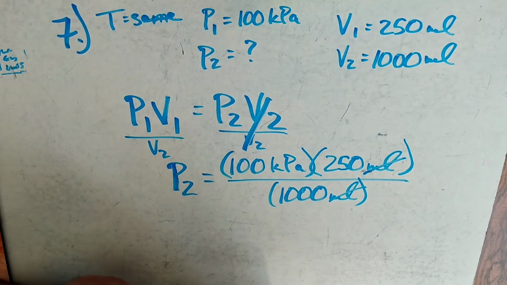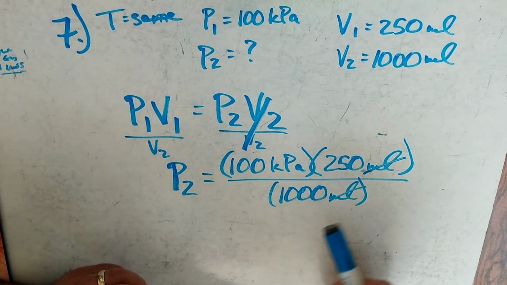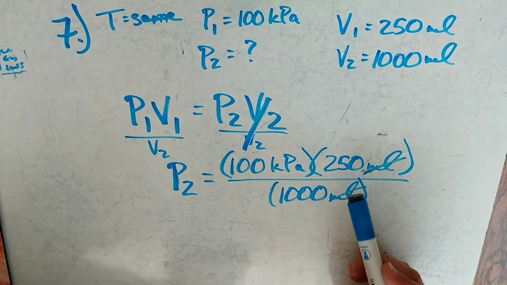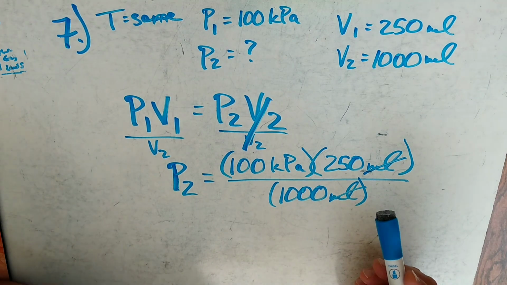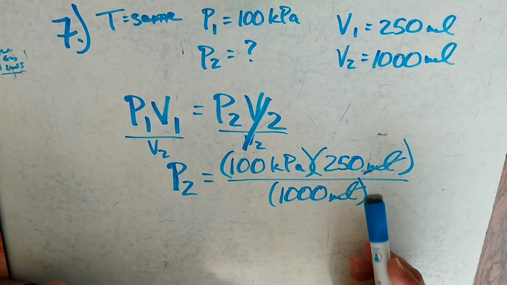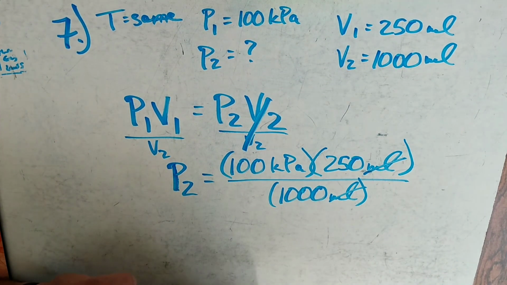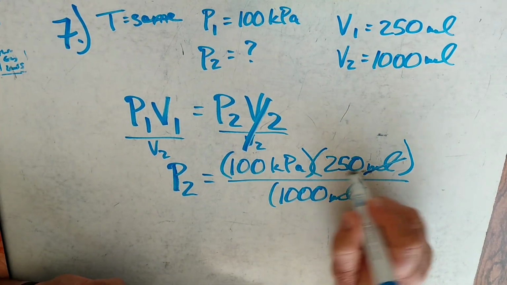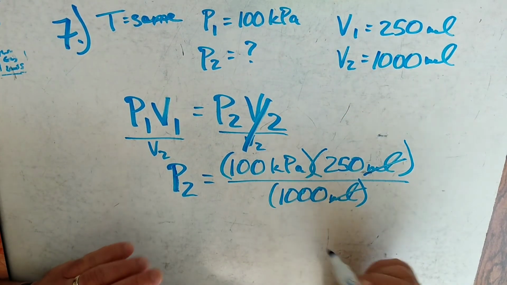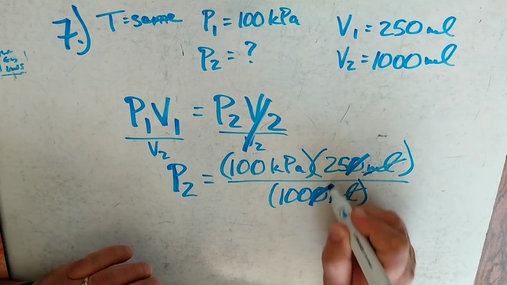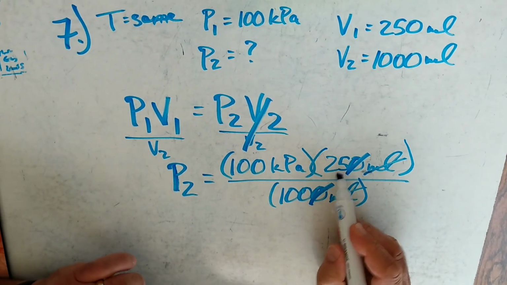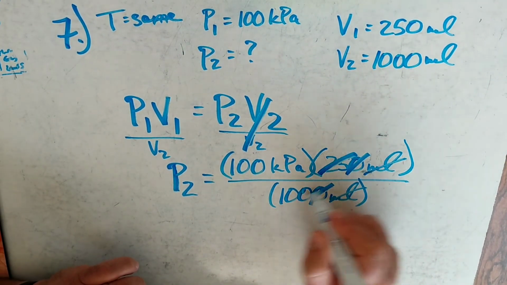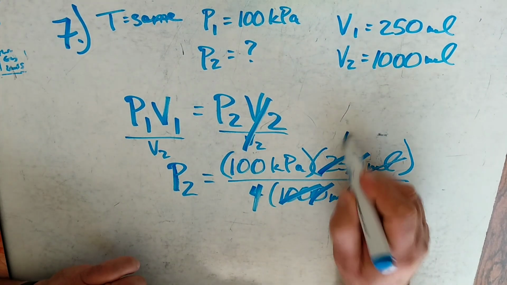You can either just crunch it straight into your calculator, or you could reduce it down as much as you can. I know 25 goes into 250, so get rid of the zeros. 25 goes into 100 4 times, so this is 4, and that becomes a 1.